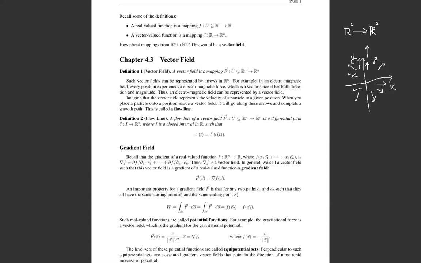So imagine that this vector field describes the velocity of a particle in a given position.